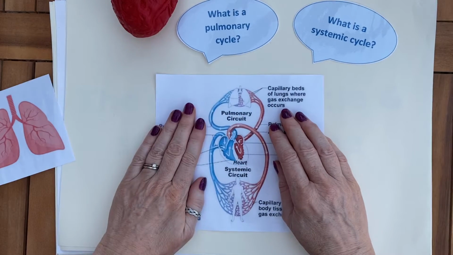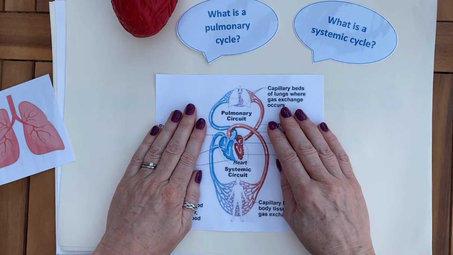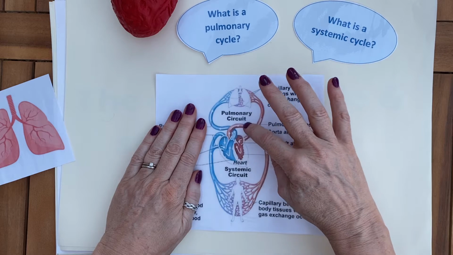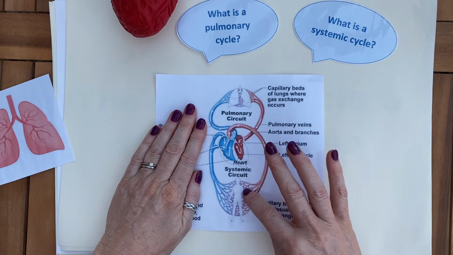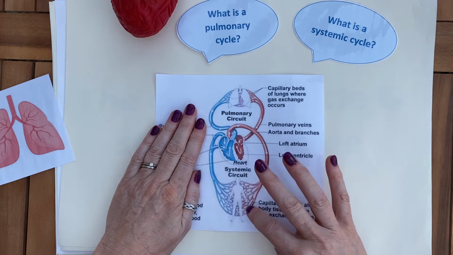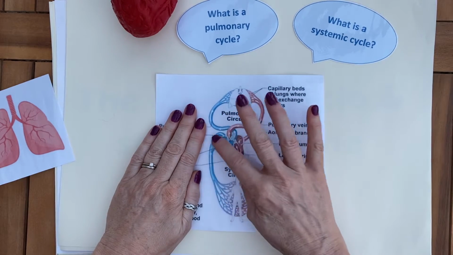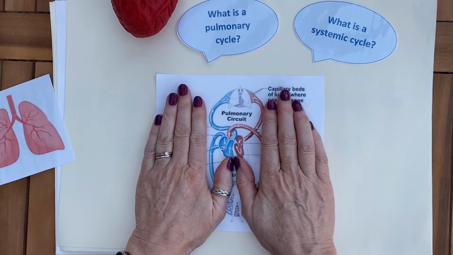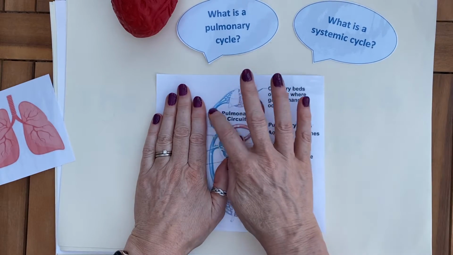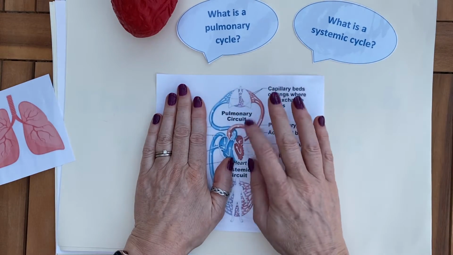That is the heart doing the bottom of the figure of 8, pumping the blood that's got oxygen in it to every single cell in the body, and then taking it back into the heart without the oxygen in, to then do the pulmonary circuit up to the lungs, collect the oxygen and back down.